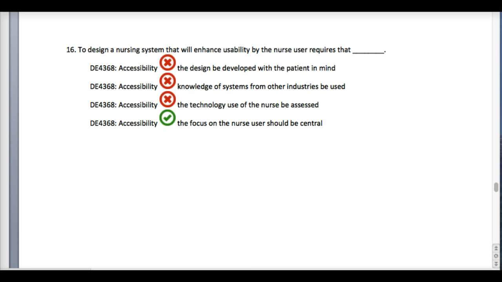That actually sounds like it's something that will help the nurses to enhance usability. So if I look at the two answers, knowledge of other systems and the focus on the nurse should be central, the most important answer here is the fourth one. Again, this is on, I can't find the page, I must have selected off this one.